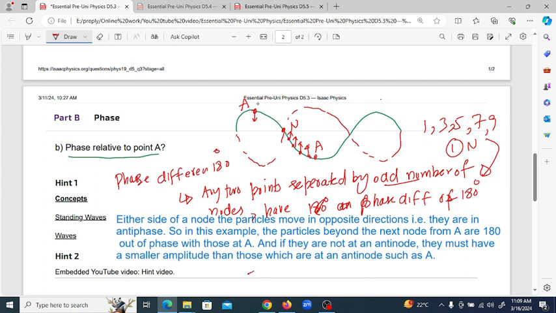And if they are separated by an even number of nodes, for example 2, 4, 8 nodes, then they are in phase. But in this scenario we have an odd number: A and all these points are separated by one node. So they are separated by an odd number of nodes, which means they have a phase difference of 180. Okay, thank you.